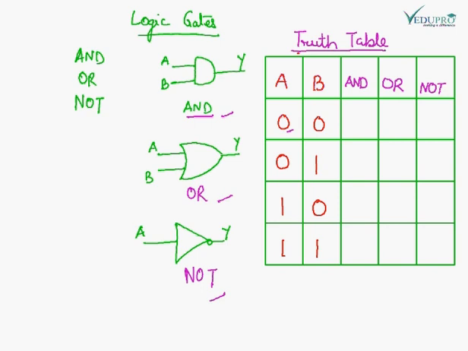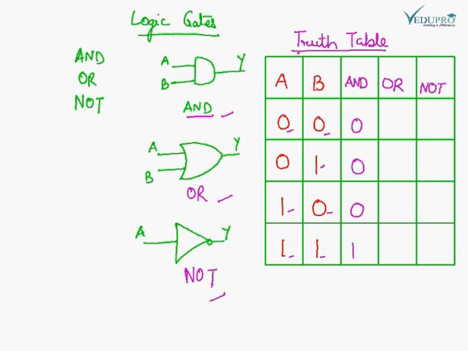When both the inputs are 0, the output of AND gate is 0. When A is 0 and B is 1, the output is 0. When A is 1 and B is 0, the output is again 0. When both the inputs are 1, the output is 1.